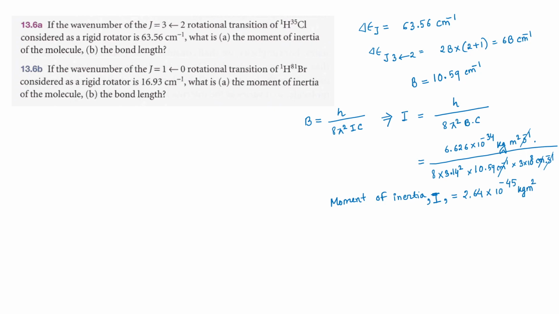Okay, so this is the moment of inertia. What is the bond length? So we know I is equal to mu r square.